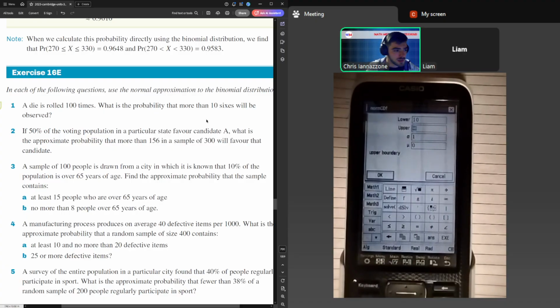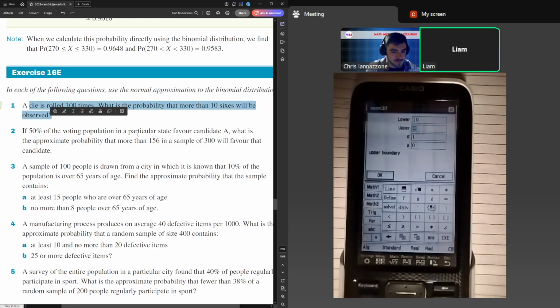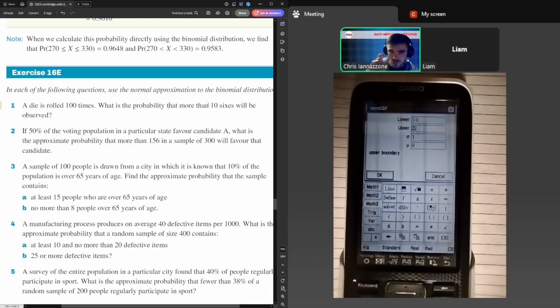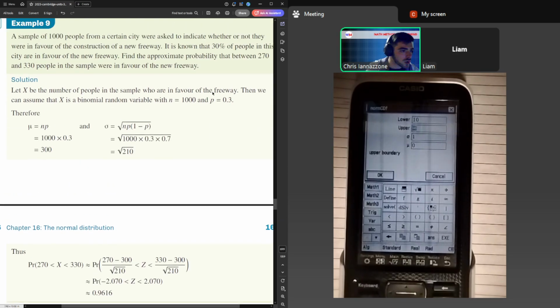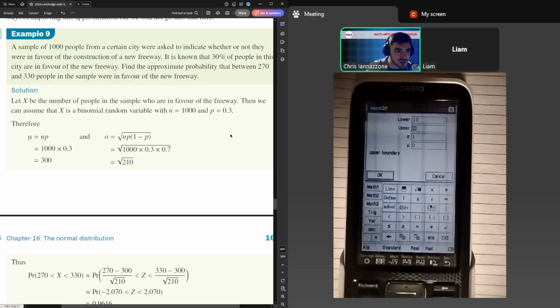So P is that fundamental probability, the probability of one given event occurring. For sixes, it was 1 out of 6. For people being in favor, it was a 30% chance. In the entire sample space, what's the probability of just one of those things happening?